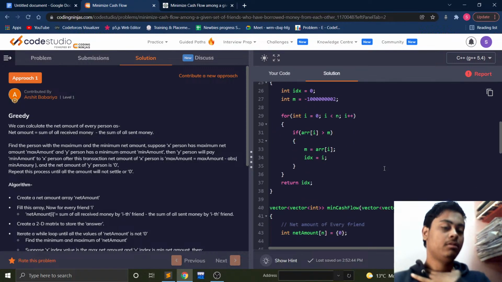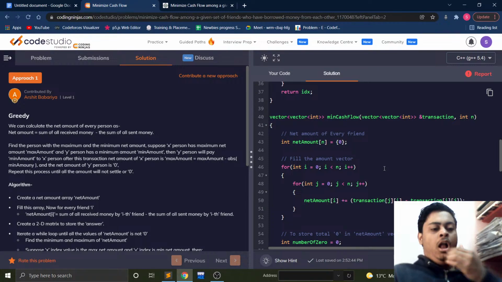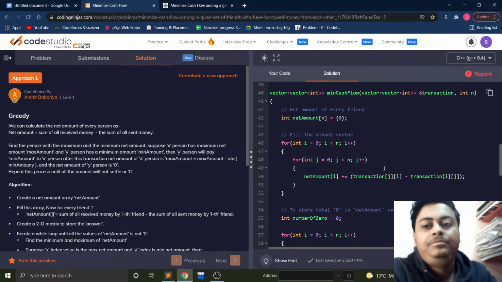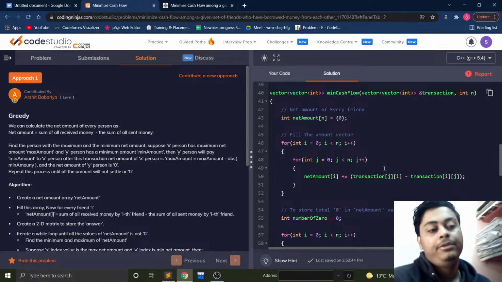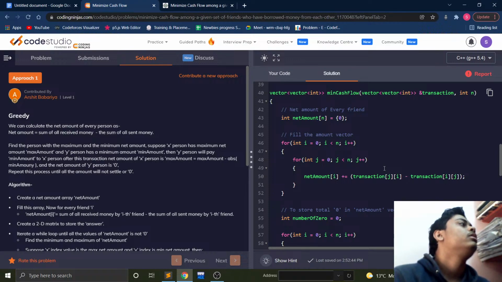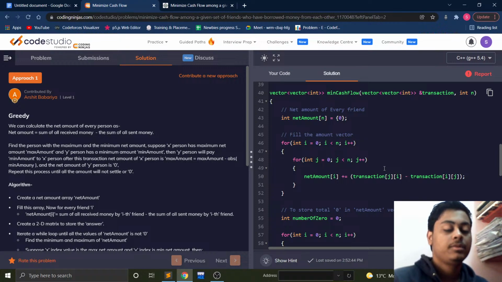Okay, maximum, minimum. What they are doing is net amount. The ith person's net amount, they are checking against each of the jth person. That is okay.